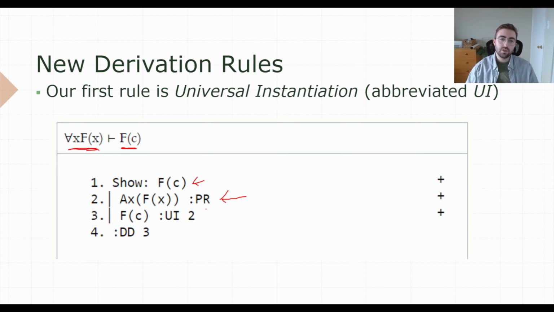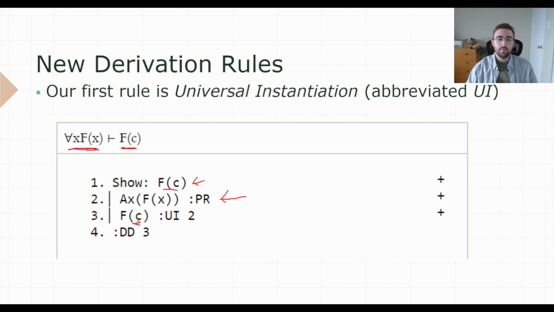And then we can immediately just apply our universal instantiation rule to line 2, where we have this universal claim. And we can pop out c is f. And you could use this for any constant. You could plug in any constant where we have c on line 3 here if you had to. But we're trying to show that c is f.